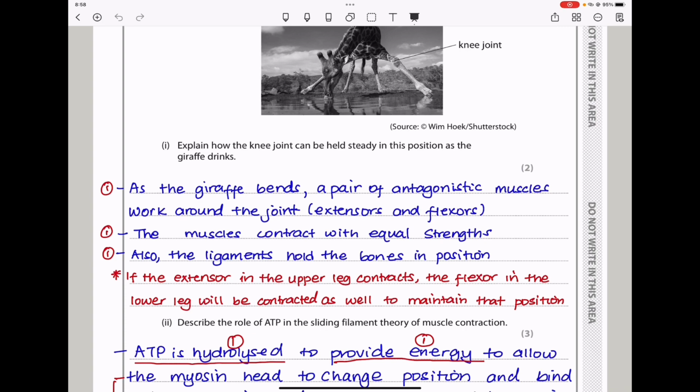The muscles will contract with equal strength. Also, the ligaments hold the bones in position. So during the bending of the knee, ligaments are there to hold the different bones at a specific joint in position. And then muscles are also going to give support to the bones. Those muscles are going to be antagonistic, and for this bending to be supported, the muscles have to contract with equal strength.